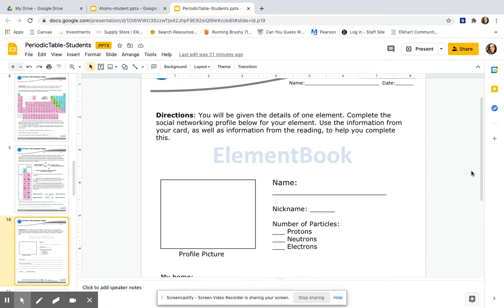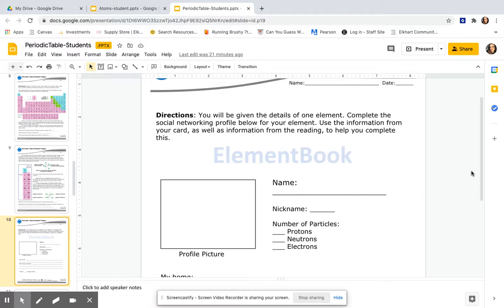You will be given details of one element. You will complete the social networking profile for your element. Use the information from your card as well as information from your reading to help you complete this. So instead of being given an element because I am not here, I want you to choose an element.